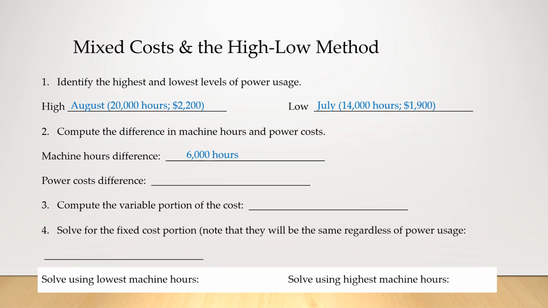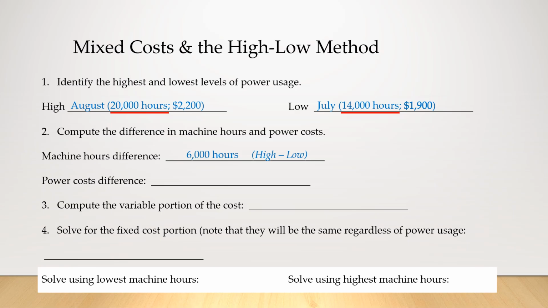Before we proceed, it's important that we calculate this difference in the same order that we did for machine hours. In other words, for the machine hours difference, we calculated it by subtracting the low amount from the high amount. 20,000 minus 14,000. When we calculate the power cost difference, we have to subtract the low amount from the high amount as well.